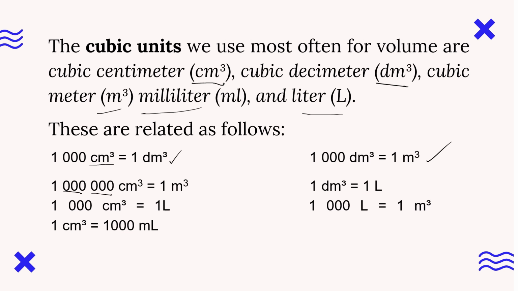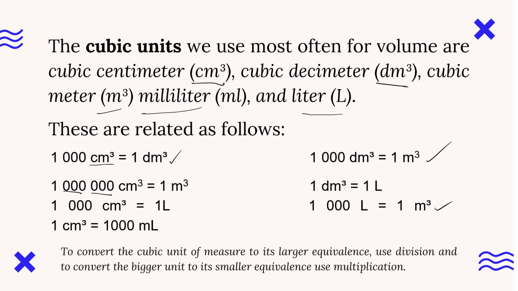Kasi cube di 3. 1 cubic decimeter is equivalent to 1 liter. 1,000 cubic centimeter is equivalent to 1 liter. 1,000 liters is equivalent to 1 cubic meter. So, mas malaki ang cubic meter than liters. So, 1 cubic centimeter is equivalent to 1 ml.